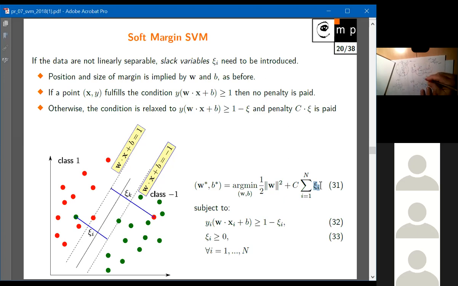We are saying, okay, we have this C times the sum of psi i, so we have this upper bound. So this is an upper bound, but not the number of errors. And unfortunately, we had to introduce a constant C, which we'll have to find somehow. But for that, we can solve the non-separable case.